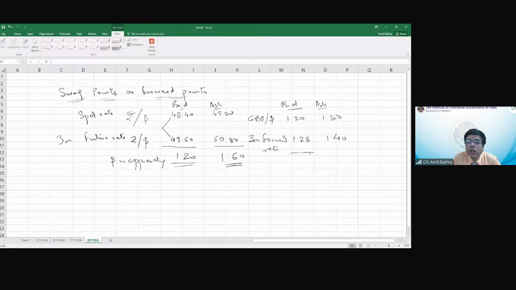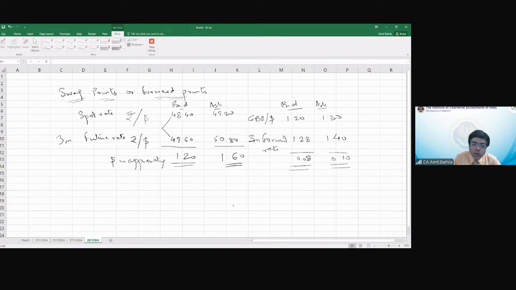So here, what are the swap points or forward points? It is 8 points, which is nothing but 0.08 shillings, because GBP is in the numerator. Remember, the base currency is dollar. And here you get 0.10.